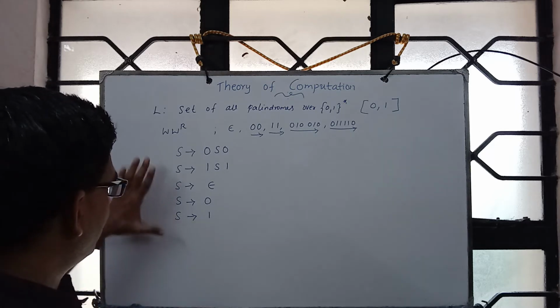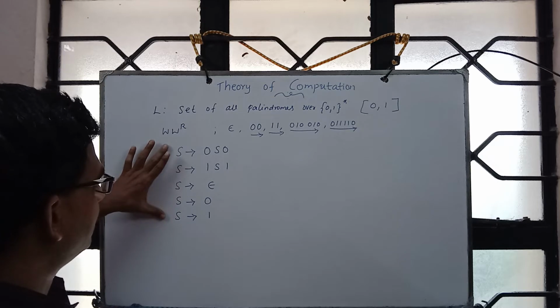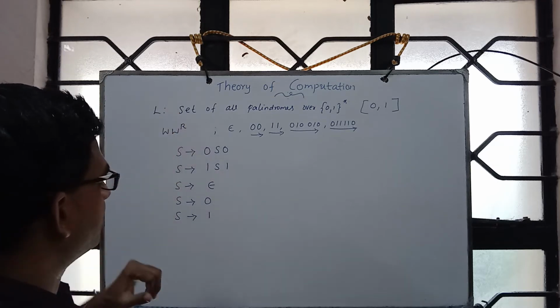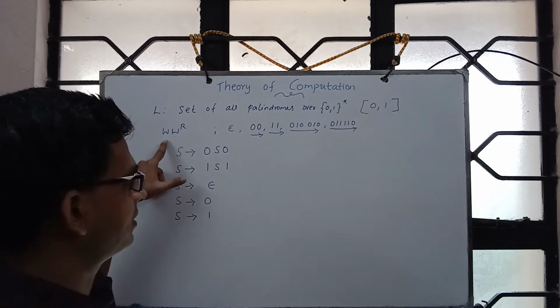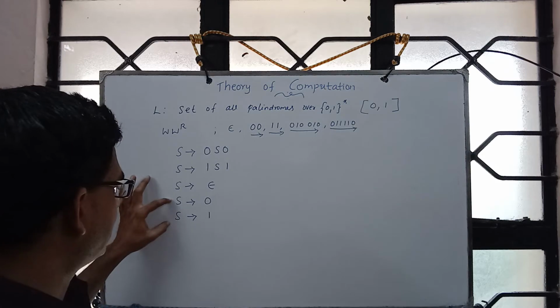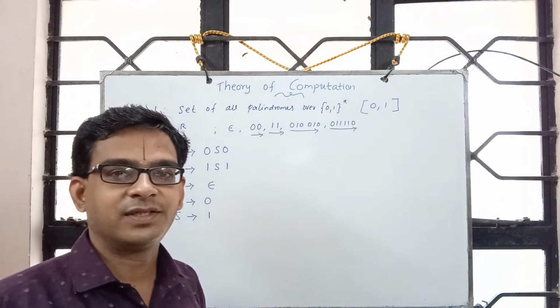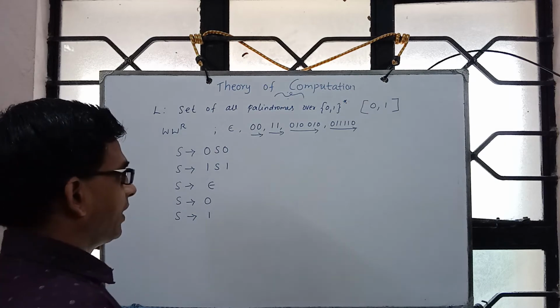Now if you bring these two productions, it precisely captures the language of palindromes. Because WWR, yes, it captures everything except these two. So you just add these two, we are done with it. Okay.